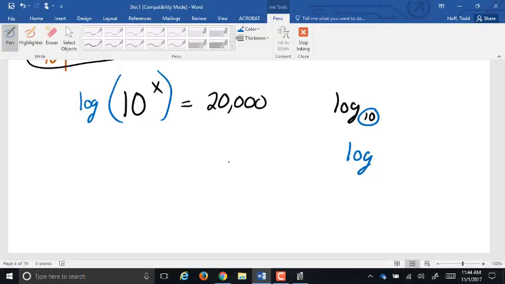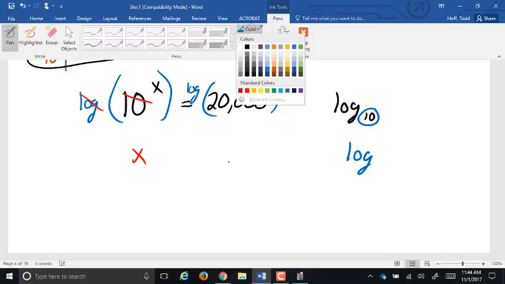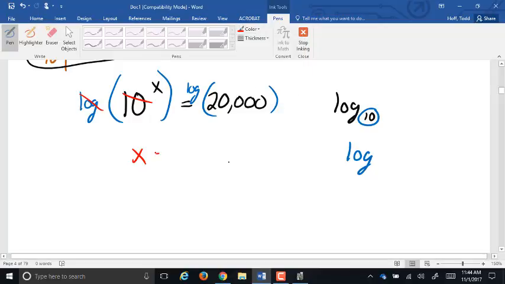So the log of 10 to the x, the log and the 10 to the x cancel out, giving us x. Log of 20,000 gives us what? 4.301 about?